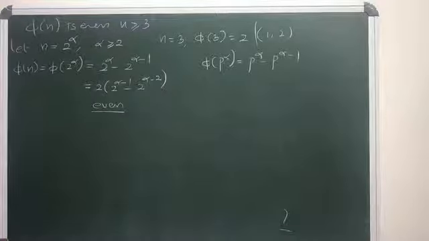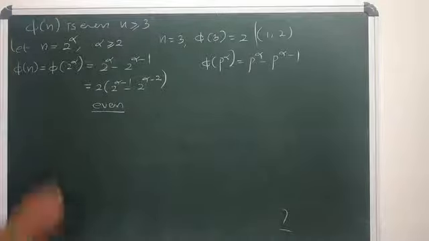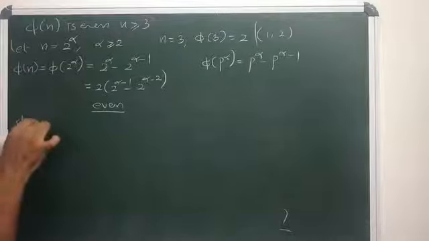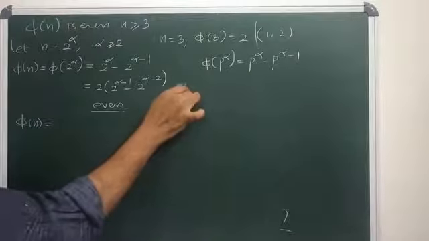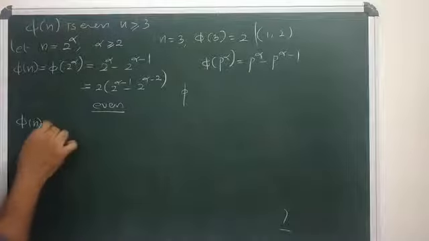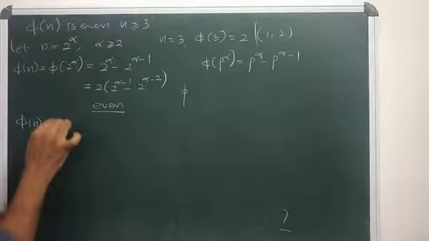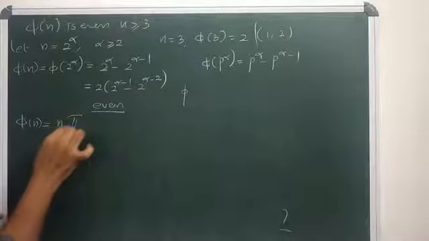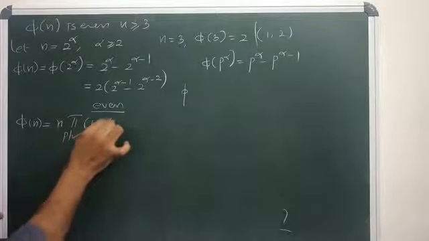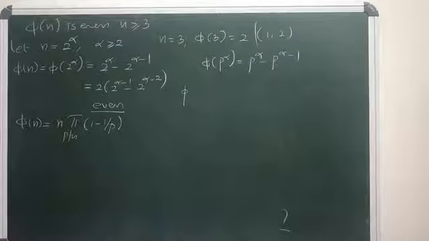Now, suppose this n has at least one odd prime factor, let it be p. Then what is the product formula? By the product formula, phi of n equals n into the product over p dividing n of 1 minus 1 by p.